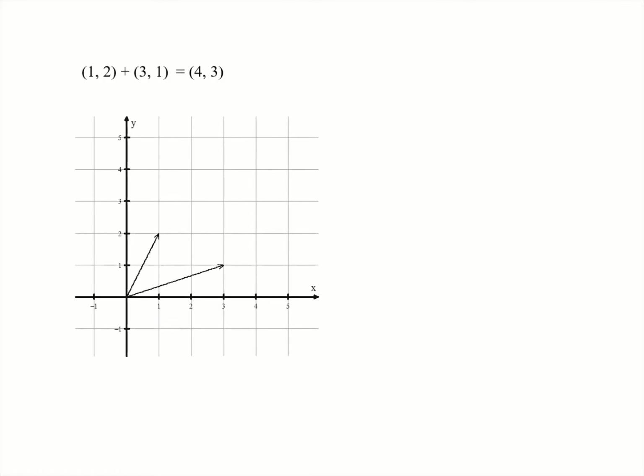Let's take a look at a picture in terms of adding two vectors. You have the vector 1, 2, which is this guy right here. Then you have the vector 3, 1, which is that guy. Now there's a few ways of adding them. Some teachers like to say, put one of the vectors' heads on the other vector's tail, and that does work, but we're going to do it a little differently.